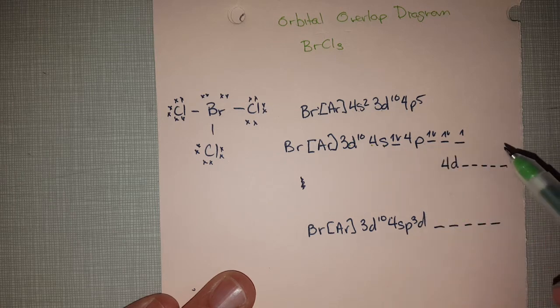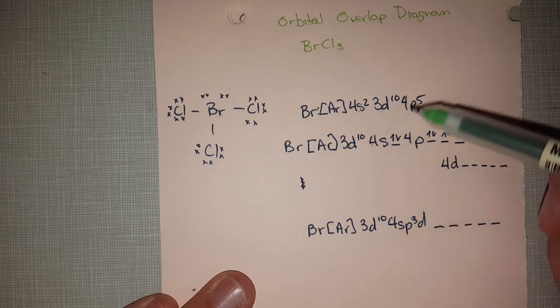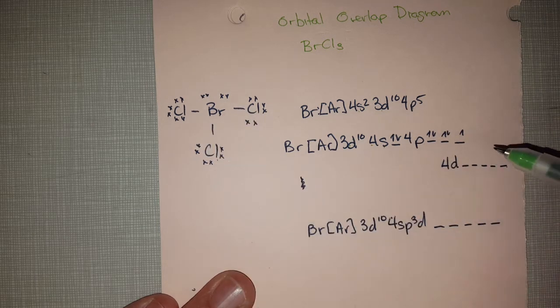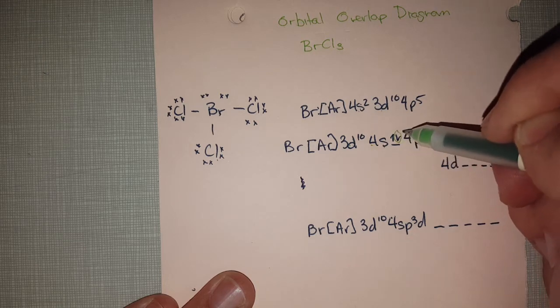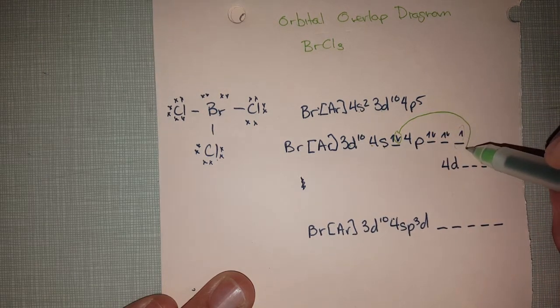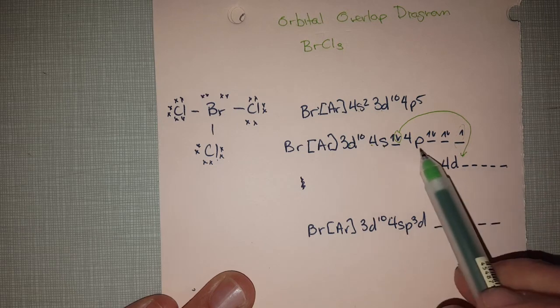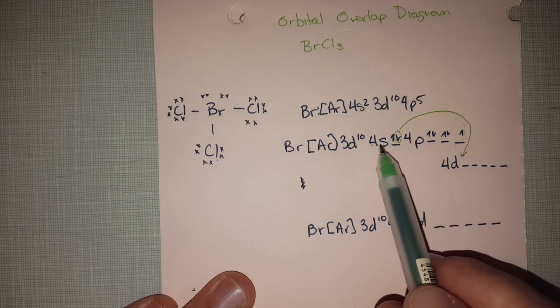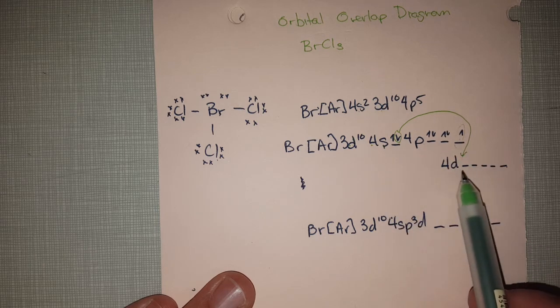So I wrote out its energy level diagram, and what I can see is that I need 3 bonds. Right now I can only form 1. So I have to have one of my electrons split, and it will be promoted to the d, and then I will hybridize the s, all 3 p's and the d.